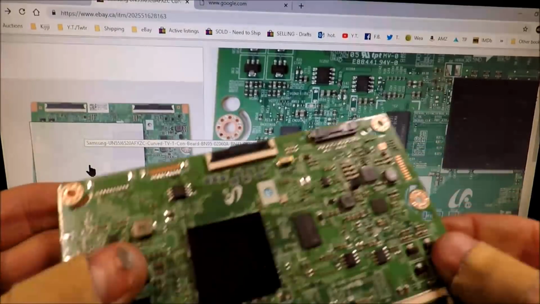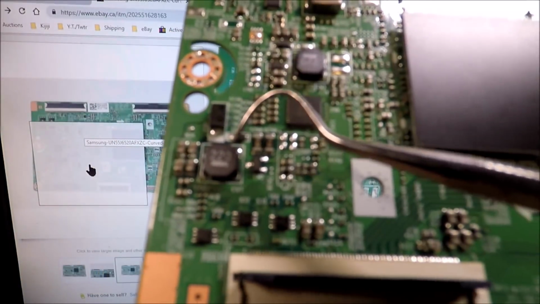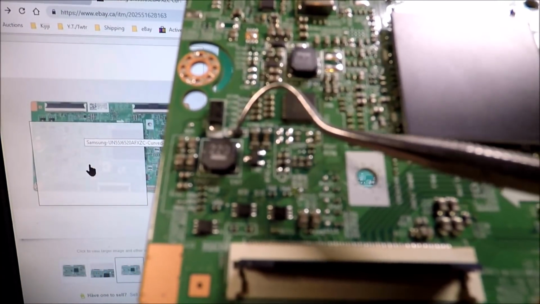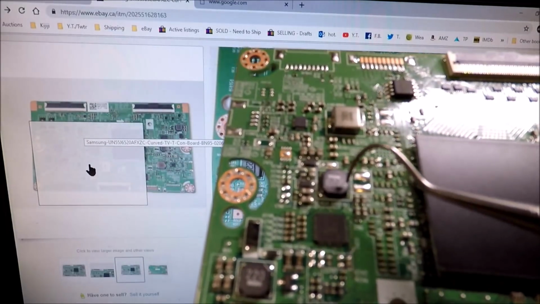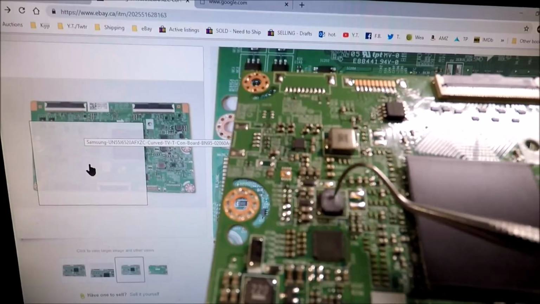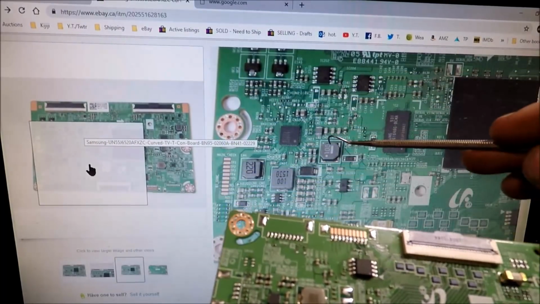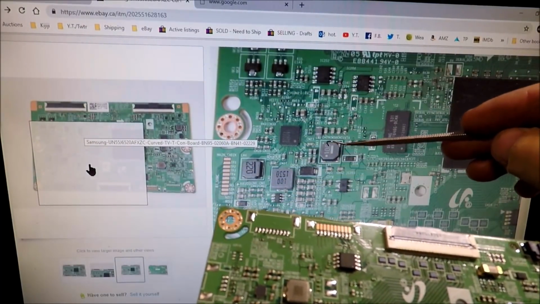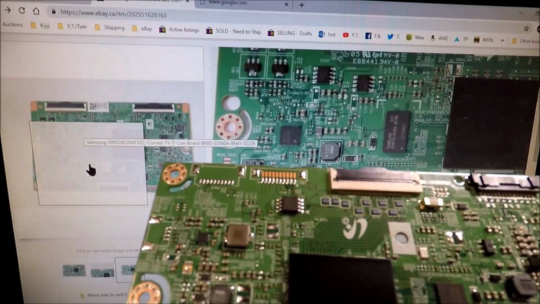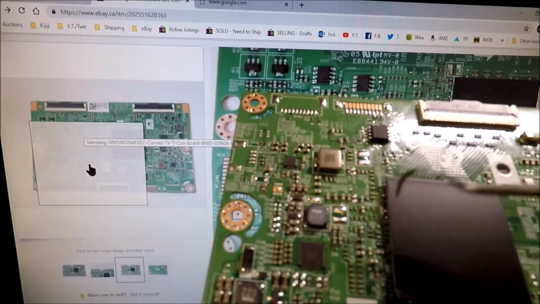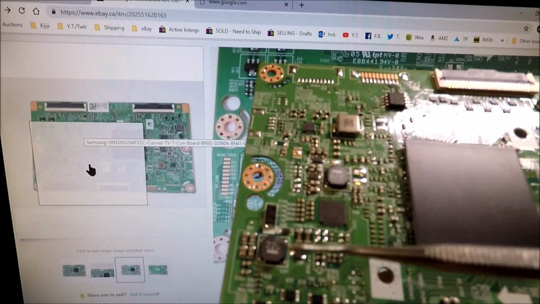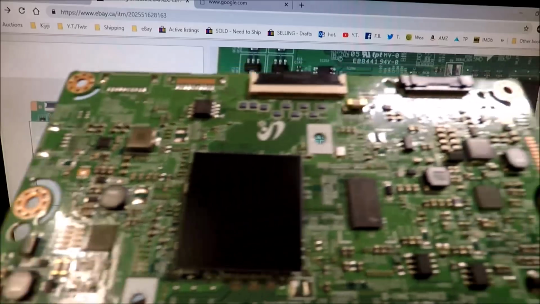Now, if we look at the board he sent me, see right there, 220. So these are horizontal. And there's the other one right there. If you can see it, it's actually 220. And the one right here is 100. So 100. And both of these components say 220, and they're both going the wrong direction. So you can tell right away that this is not my board.